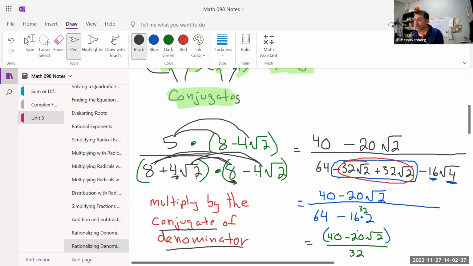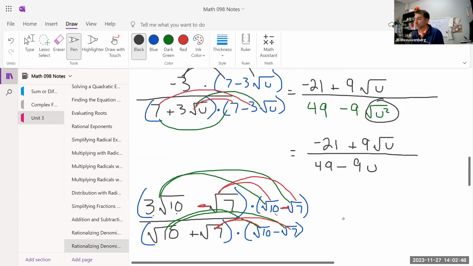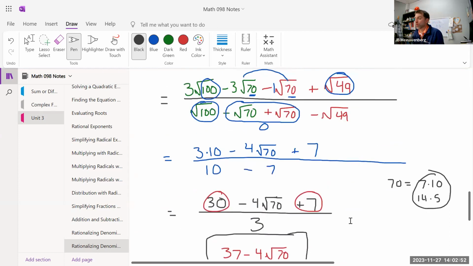Same two terms, opposite signs. Sometimes those simplify nicely. Sometimes they take a little bit of work, like this one did. Again, this one was a little simpler, and then we had to do quite a bit of work on that last one. So that is multiplying by conjugates of the denominator to rationalize your denominator.